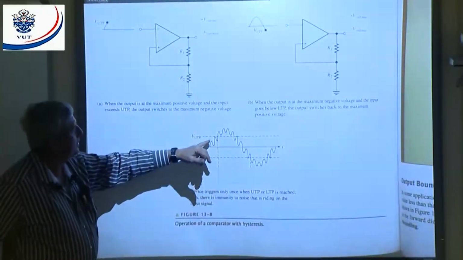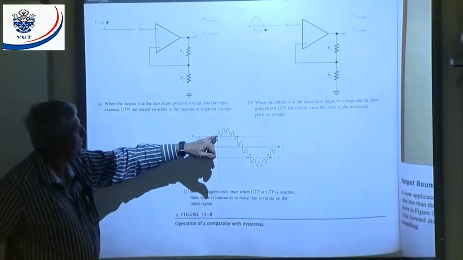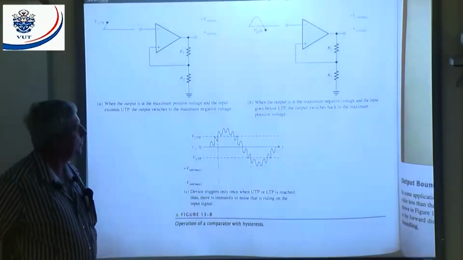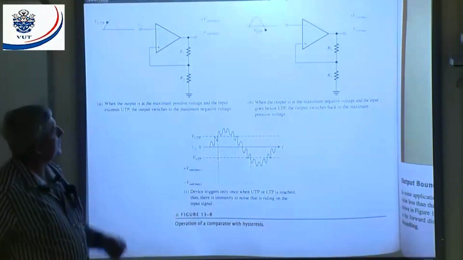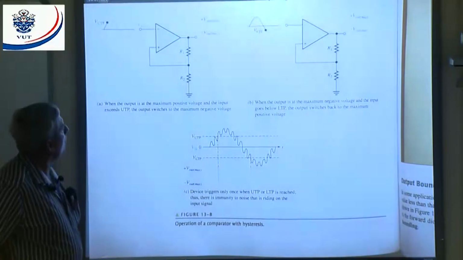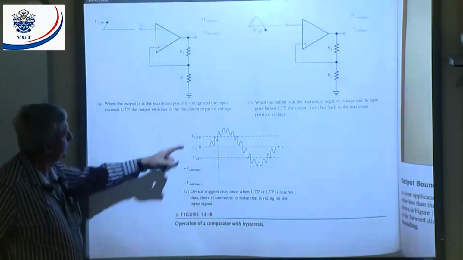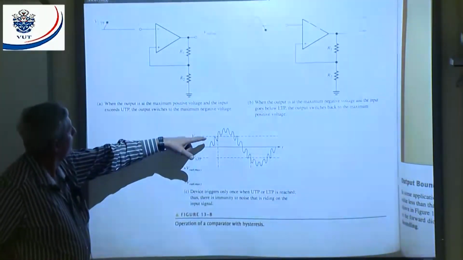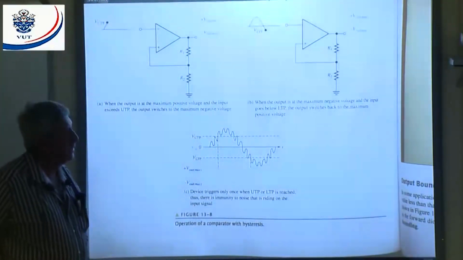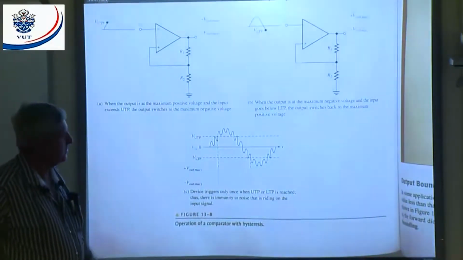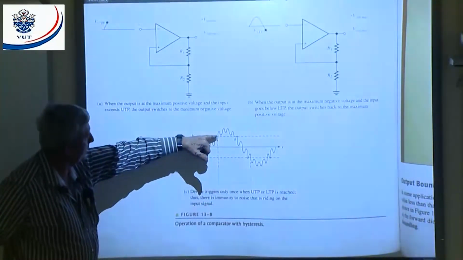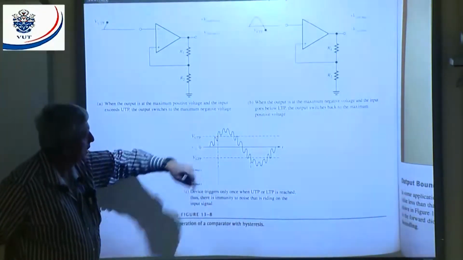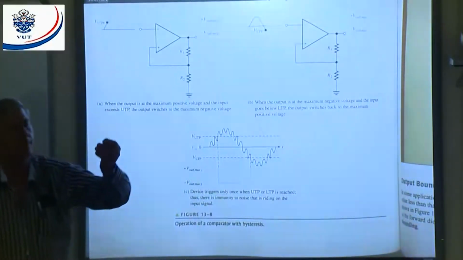Now the signal increases. When it reaches the upper trigger point, what happens? Then the signal becomes more positive than my reference, or more positive than this upper trigger voltage. When it becomes more positive, where will the output go? Shoot down negative to minus V maximum. And now it will stay there the whole time until this input signal becomes negative with respect to that negative voltage.